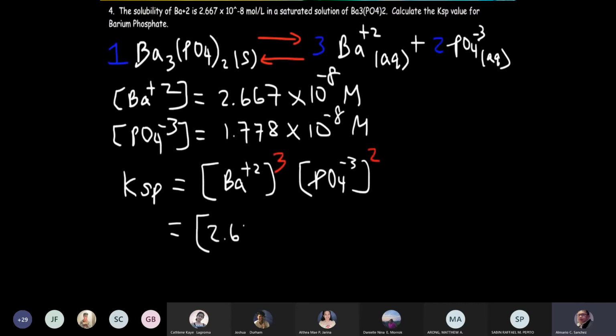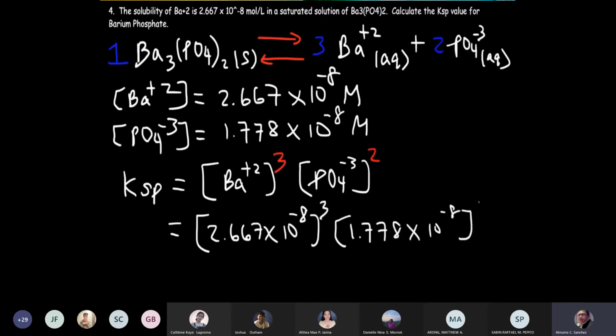So it's going to be 2.667 times 10 to the minus 8 raised to the third power, and then 1.778 times 10 to the minus 8 raised to the second power.